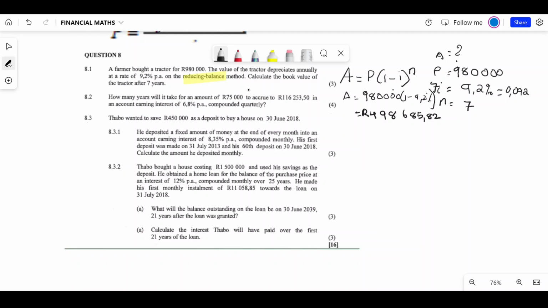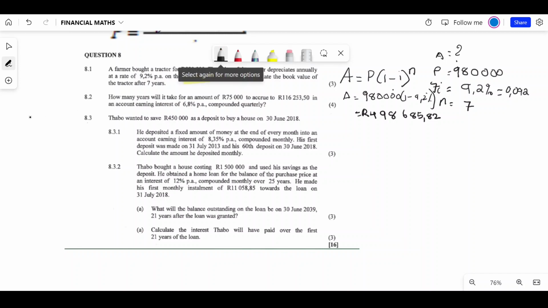That is the meaning of that, or arise. So what happens is an amount of 75,000 will increase to 116,253.50 in how many years? We don't know. That's the question. How many years will it take to change this to this amount? Interest rate is given 6.8% per annum compounded quarterly.